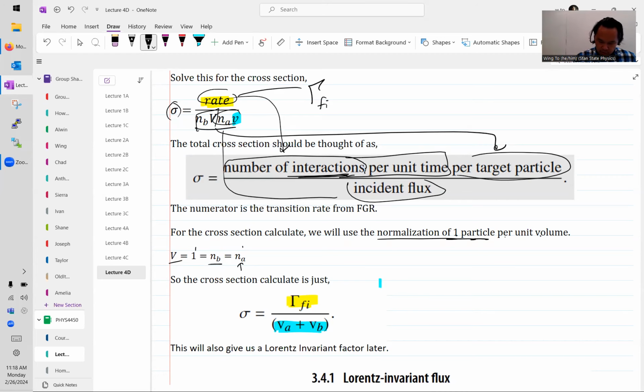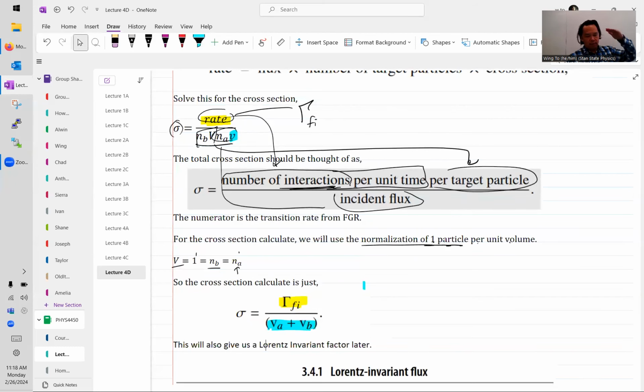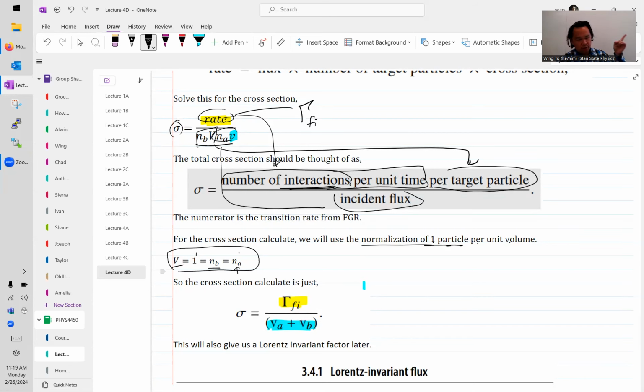Okay. So is this definition of the cross-section okay with everyone? We just have a rate, and the rate is going to be proportional to the cross-section times the flux of particles that's passing each other. Most of that flux actually cancels out if we use this convention of making the volume equal to 1 and the number density equal to 1 on both.